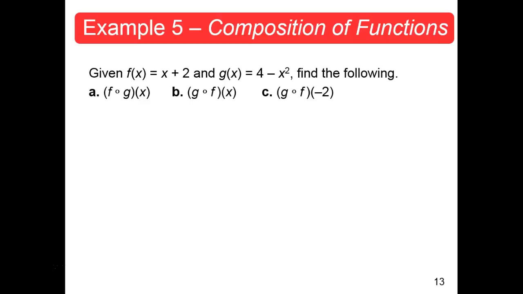So let's do a couple. Here's your f, and there's your g. So what is f composed with g of x? What's that definition? I suggest you do this every time. How is that defined? f of g of x.